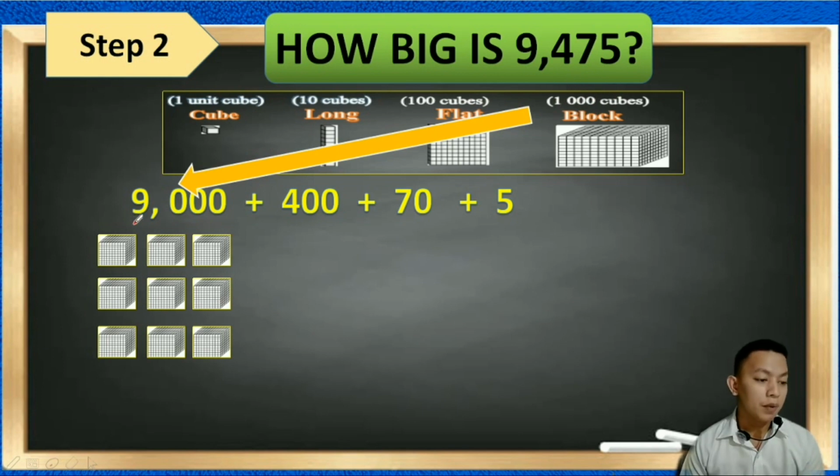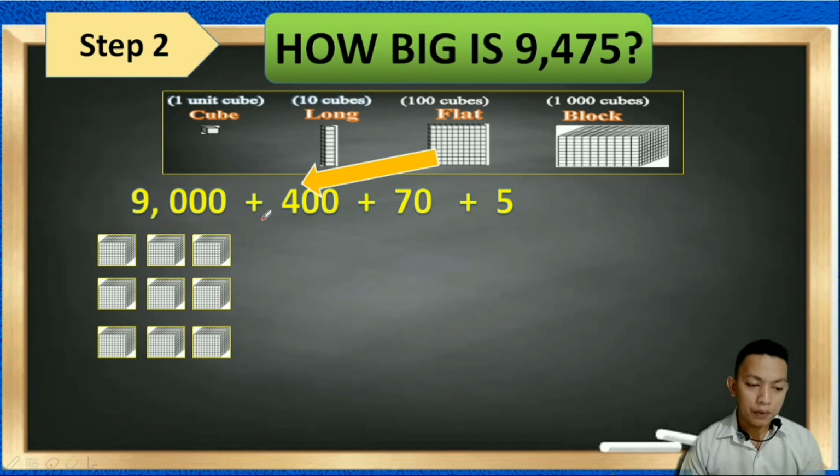So 1,000 added nine times is equivalent to 9,000. Correct. Next, how many flats are there in 400?